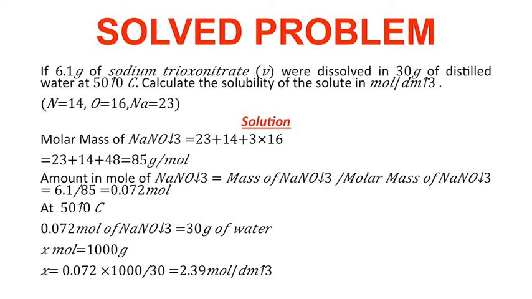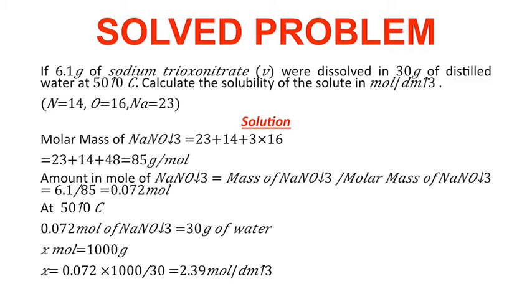You start with the times using BODMAS. You have 23 plus 14 plus, now 3 times 16 will give you 48. When you add 23 plus 14 plus 48, you end up having 85 grams per mole.